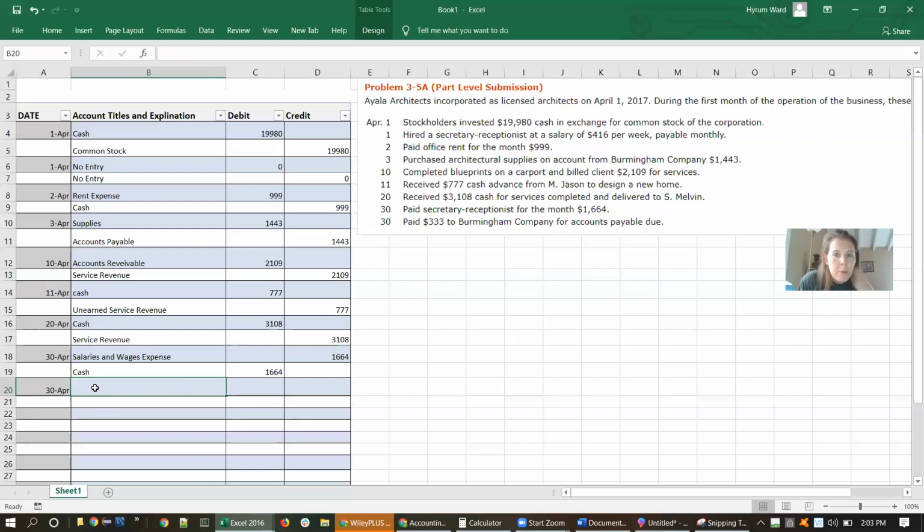Then April 30th, our last transaction was that we paid Birmingham Company for accounts payable due. And so this one is accounts payable. And so under accounts payable, we're going to put the 333 because we paid them.